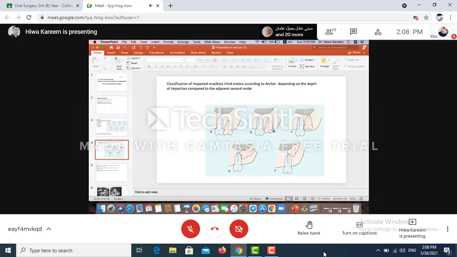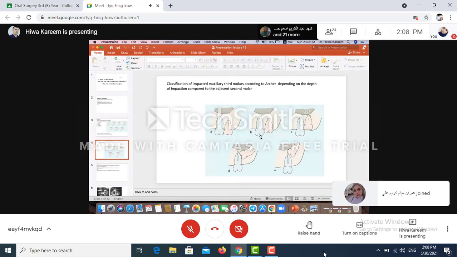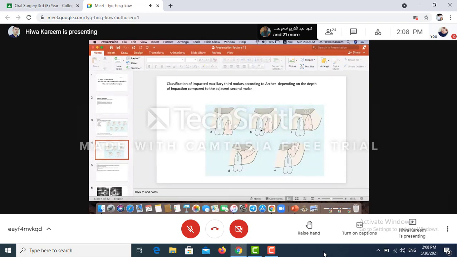In class B, the occlusal surface of the upper third molar is below the occlusal surface of the second molar and above the cervical line, meaning between the occlusal surface and the cervical line.